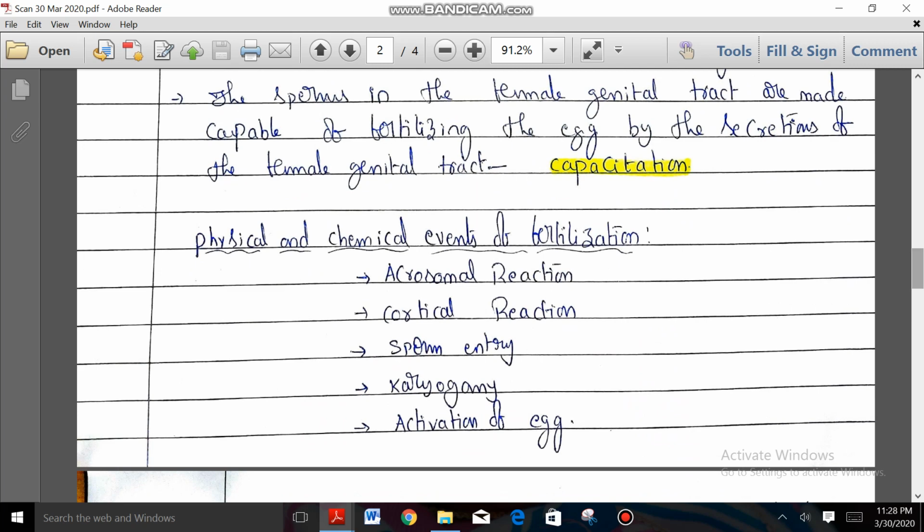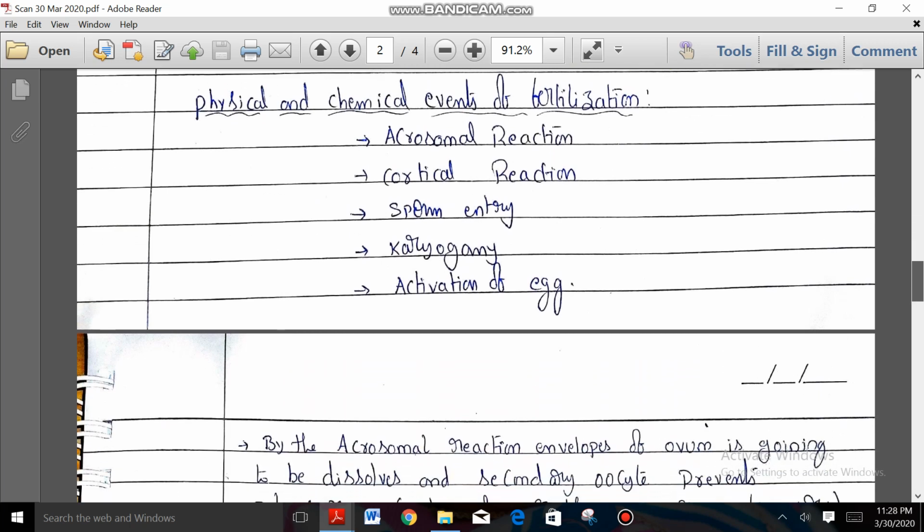So capacitation occurs in the sperms after insemination in the region of the female genital tract by the secretions. The physical and chemical events of fertilization are: acrosomal reaction, cortical reaction, sperm entry, karyogamy, and activation of the egg.